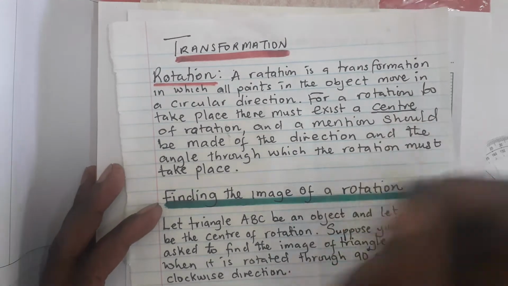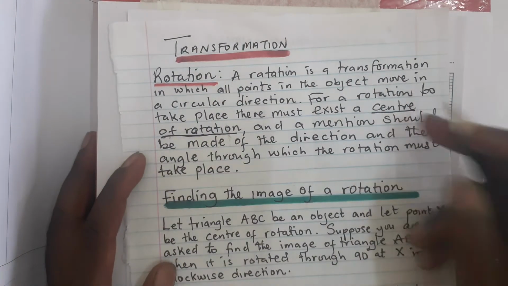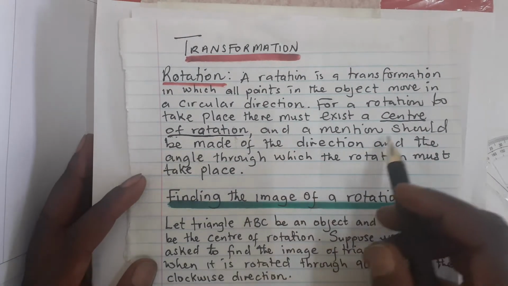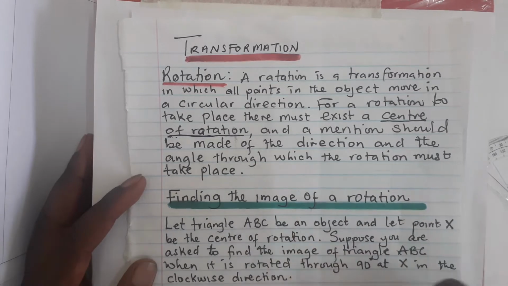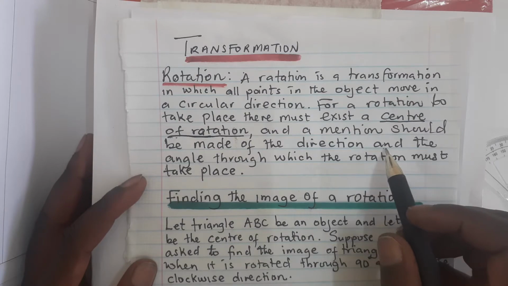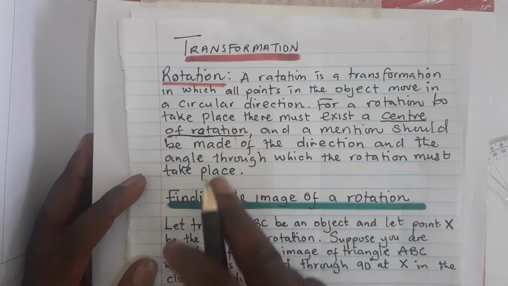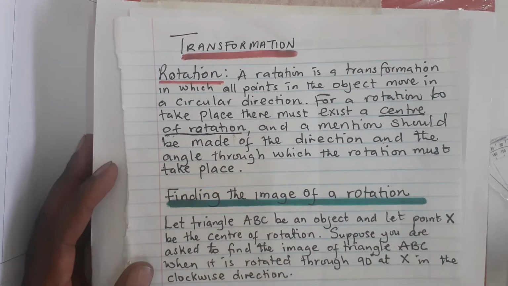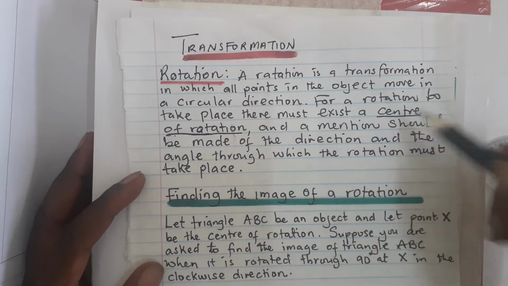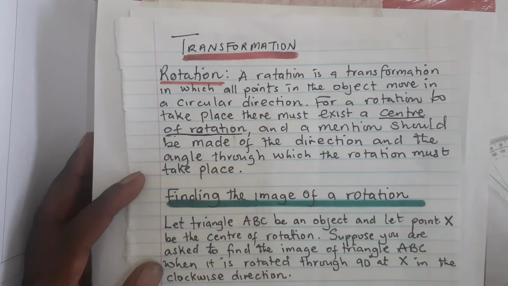Take note of that. A mention should be made of the direction of the rotation, that is whether it is clockwise or anti-clockwise, and the angle through which the rotation must take place. So there are 3 things: the center of rotation, the direction of rotation, as well as the angle through which the rotation has taken place.